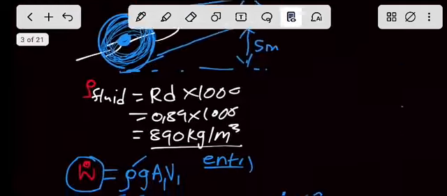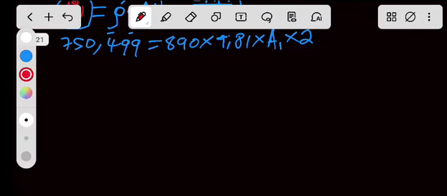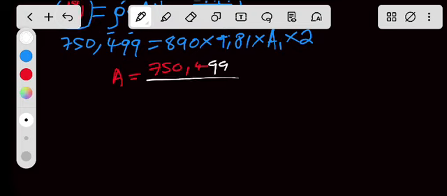So let us make area the subject. Making area the subject, I'll have 197,499 divided by 890 times 9,81 times 2.